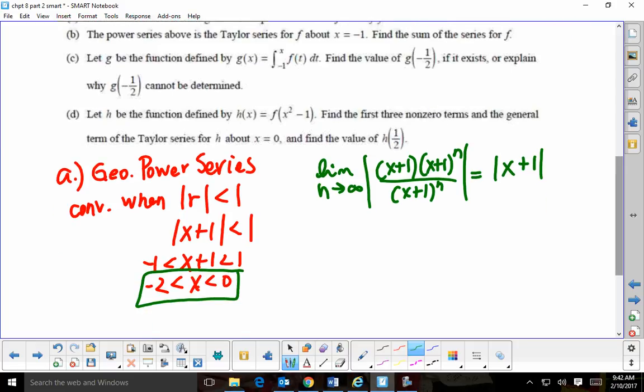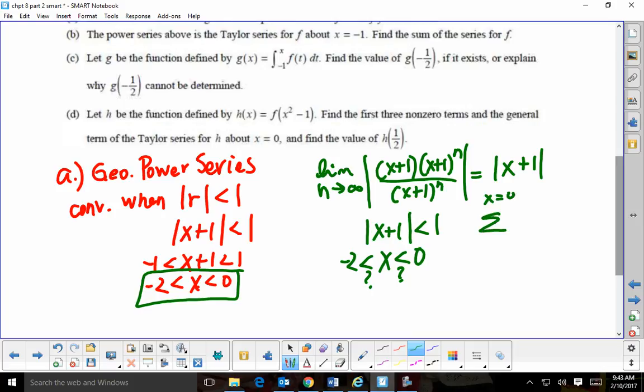So that converges when the absolute value of x plus 1 is less than 1. So that's when x is less than 0 and greater than negative 2. But on the ratio test, we don't know those 2 endpoints. That's when it becomes more extensive. So now I have to go plug those in.